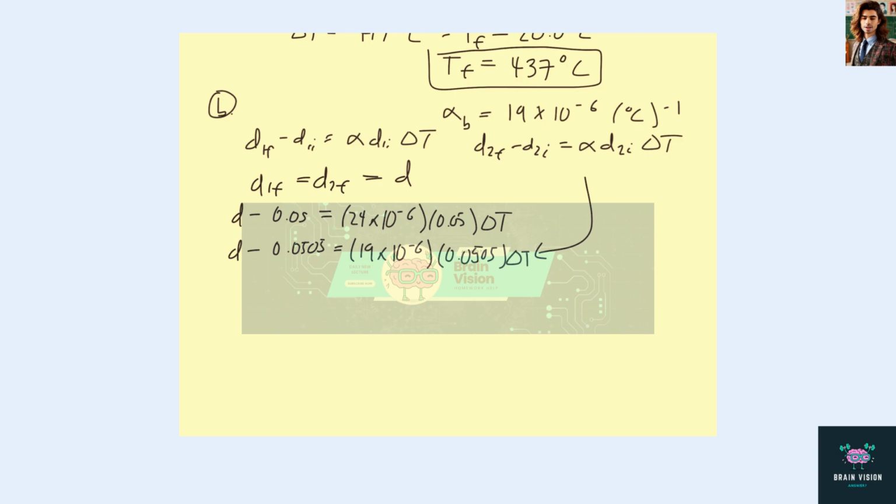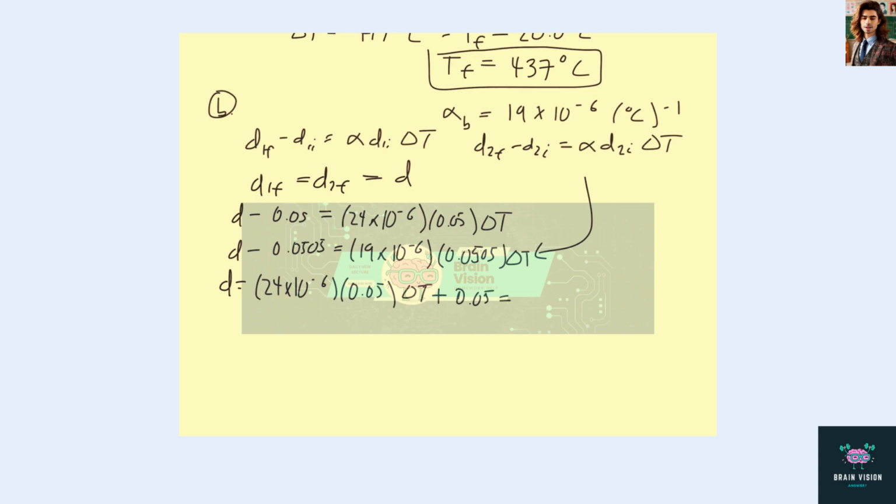We can move the negative 0.05 and negative 0.0505 over to each other's side, and then write two equal expressions for D, the diameter. So the diameter, let's just start with the ring, is equal to 24 times 10 to the negative 6 times 0.05 delta T plus 0.05.